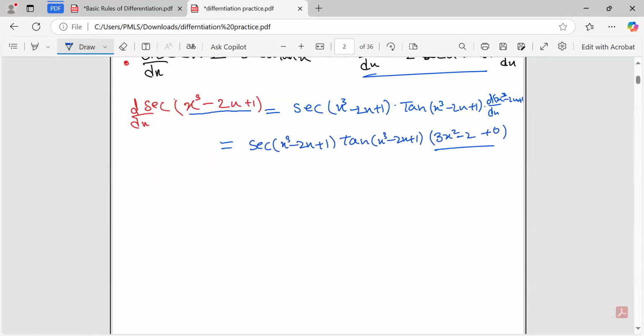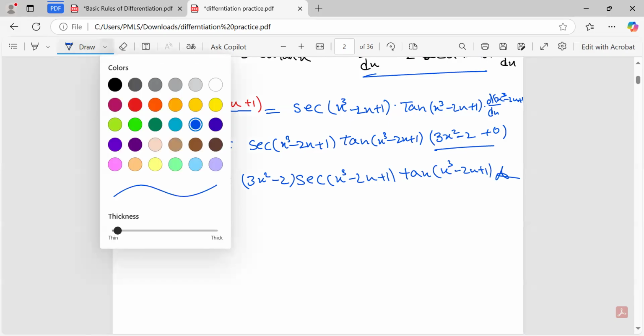So this term we write first, that will be 3x square minus 2 times secant of x cube minus 2x plus 1 as it is, and tan of x cube minus 2x plus 1 as it is. This is the answer.